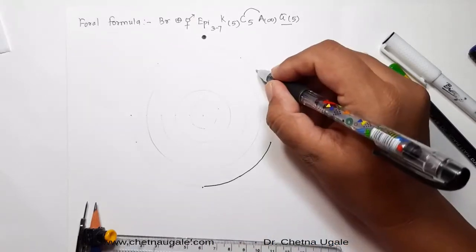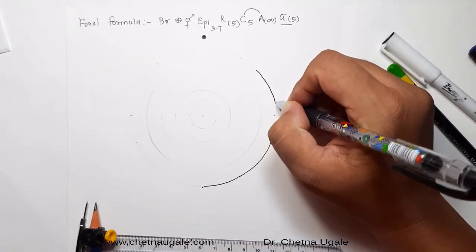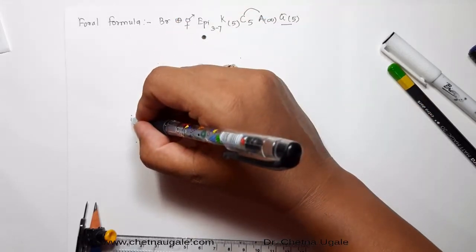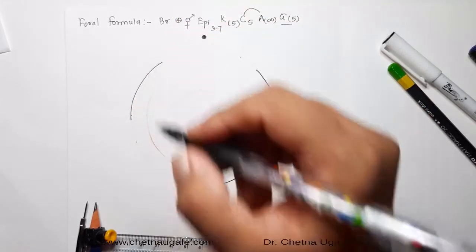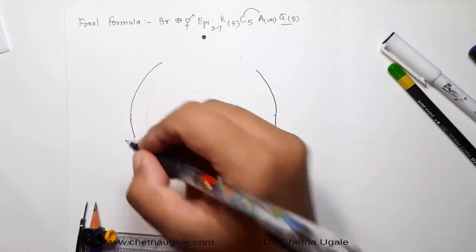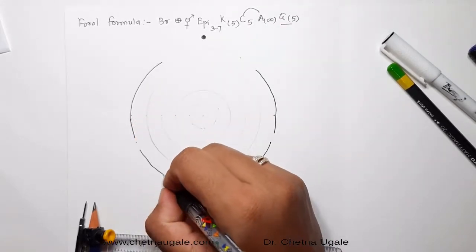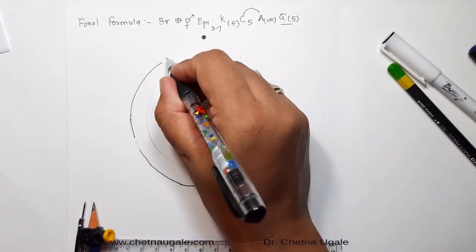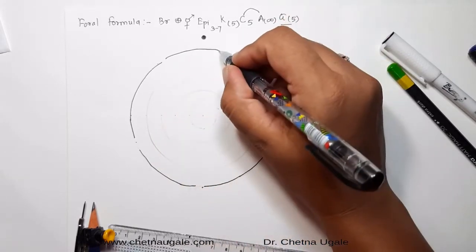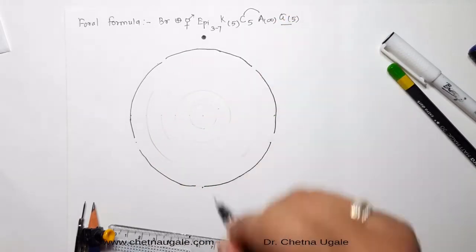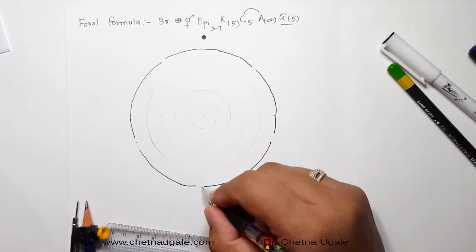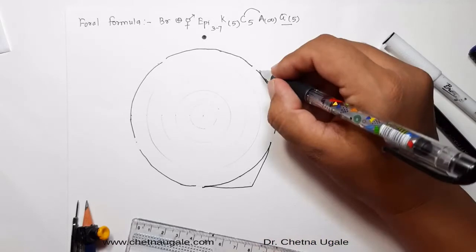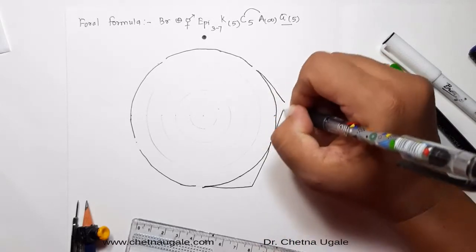So let's start with the first, second, third, fourth, and the fifth one. As I said, the epicalyx number varies from 3 to 7. The epicalyx is denoted by the pointed arc in the floral diagram.